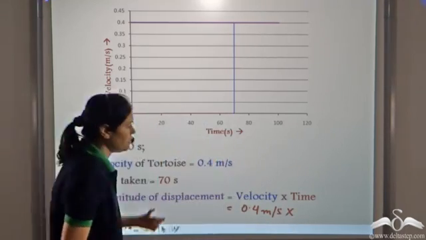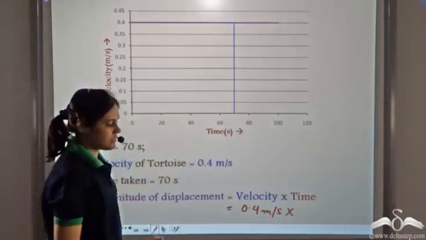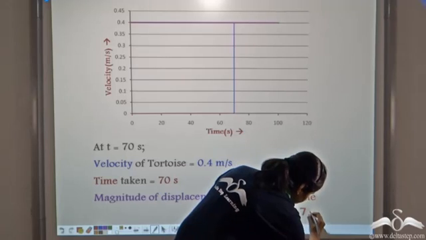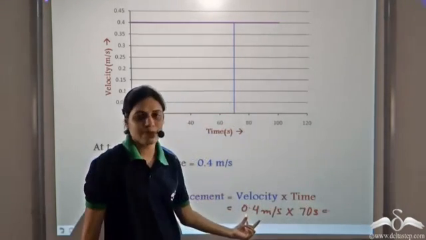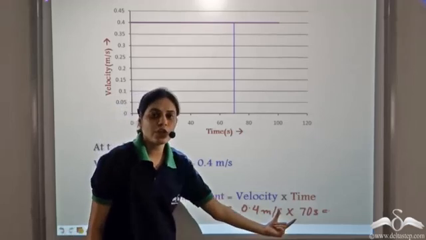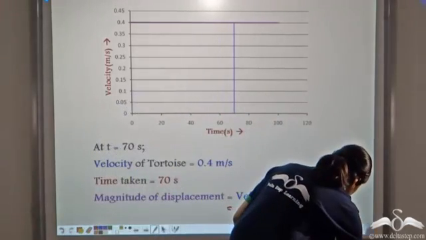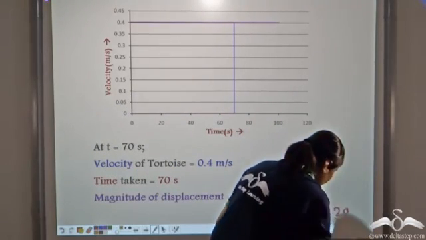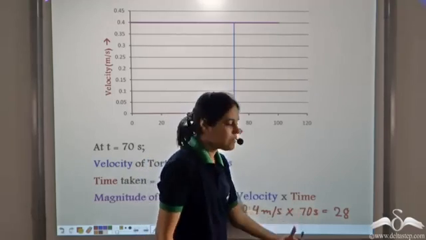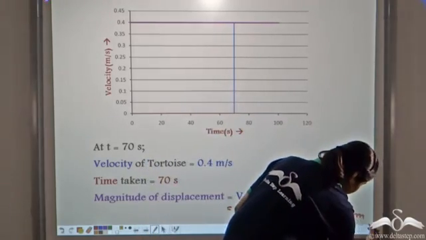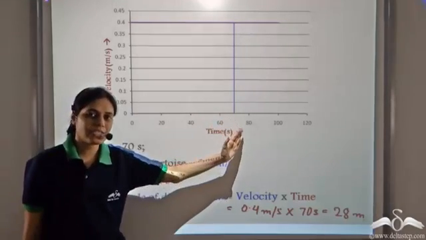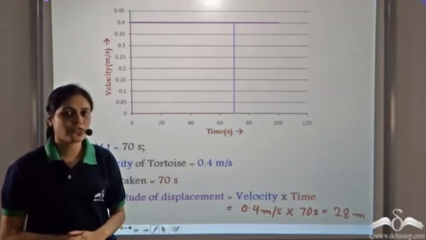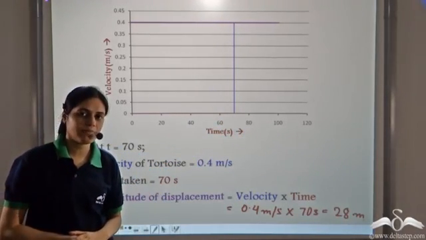And time taken is 70 seconds. So we get displacement as 0.4 into 70, that is 28. And we get the unit as meters. So at t equal to 70 seconds, the displacement of tortoise was 28 meters.